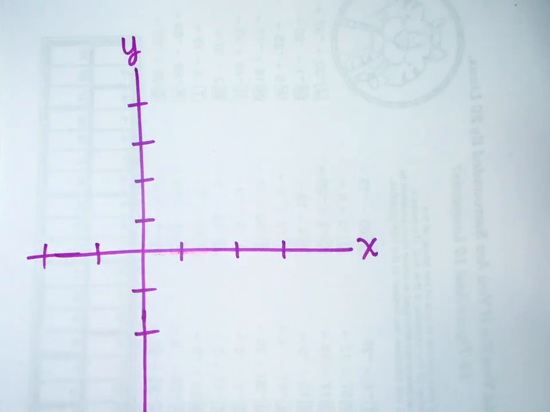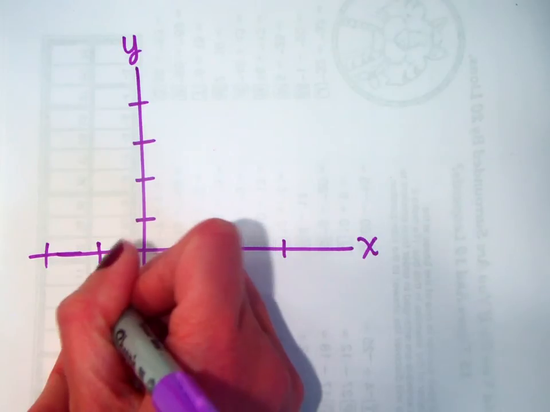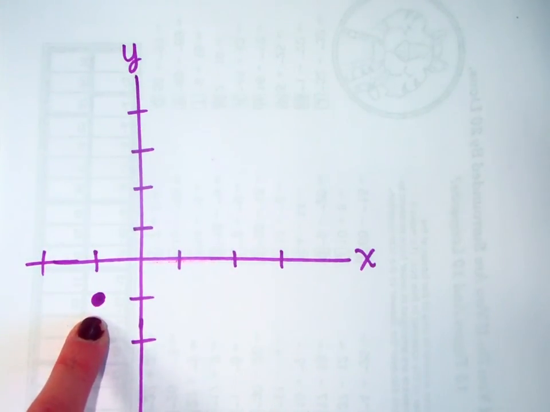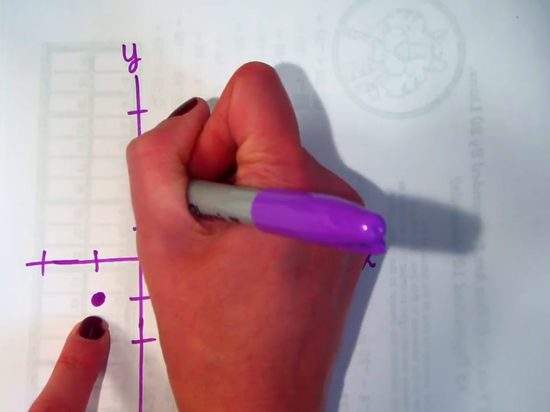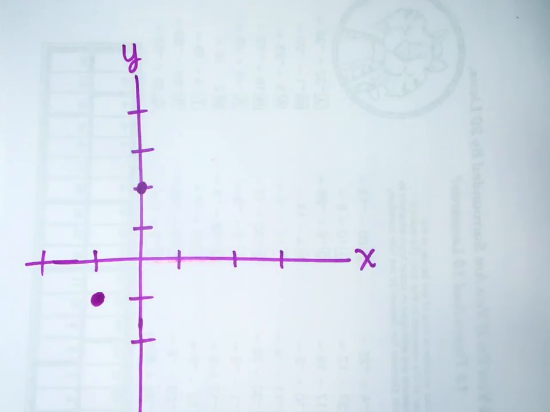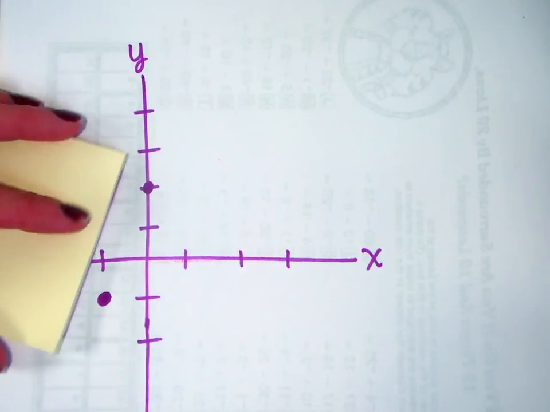And this time we're going to put a point down at -1, -1. And then at 0, 2. And then try your best to make a straight line going through those 2 points.